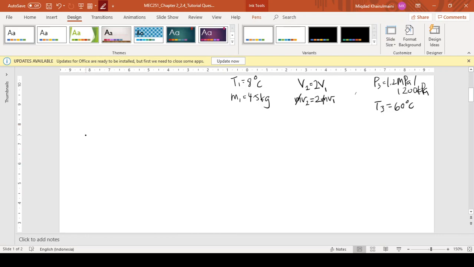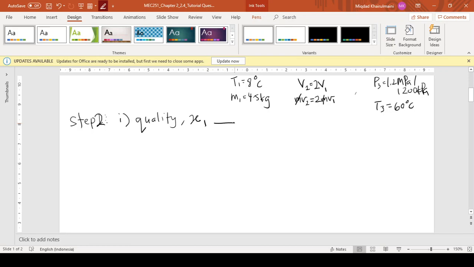For step 2, we write what are the required equations, or what we are supposed to find from the question. The first one is the quality at the initial state. So initial means state 1. So the first item is to find the quality X at the initial state.